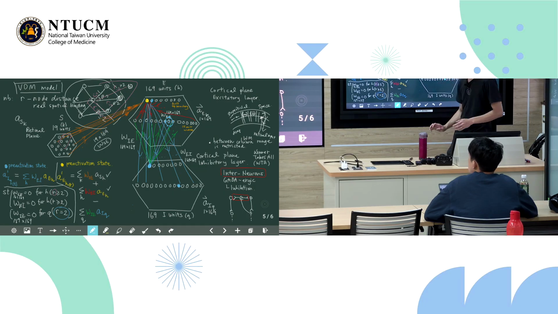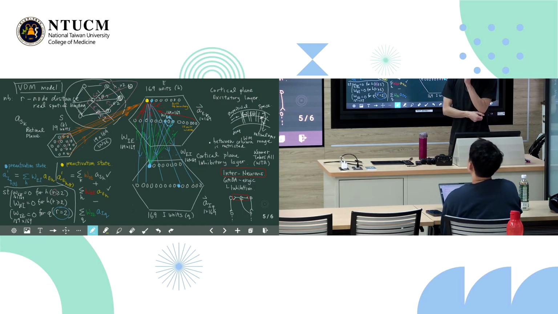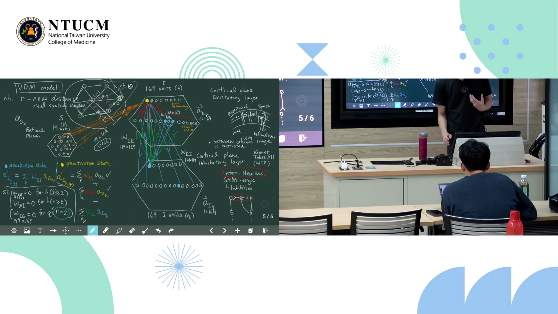All right, so where am I at? So this is the architecture. We're going to talk about the activation function, and things might become a little bit clearer, or maybe not, we'll see.